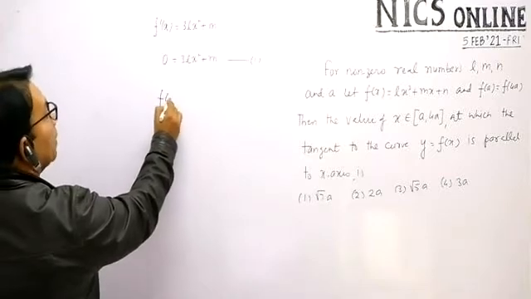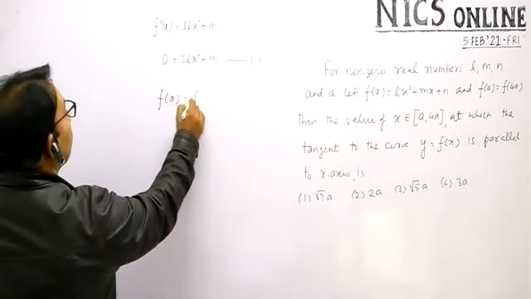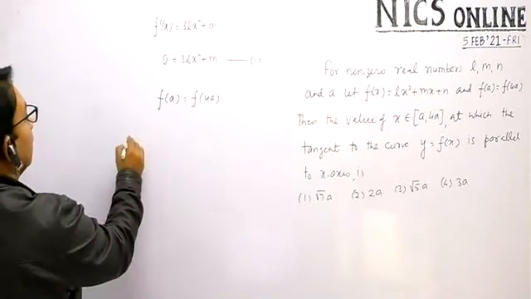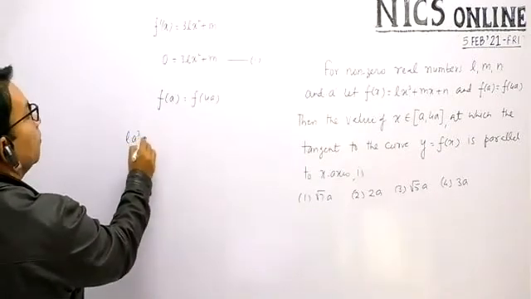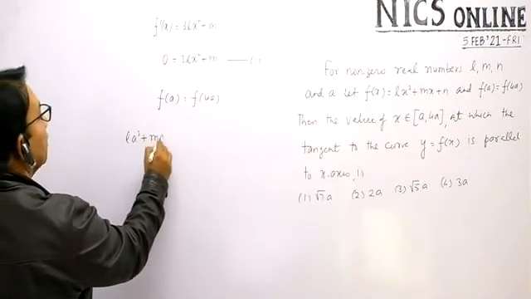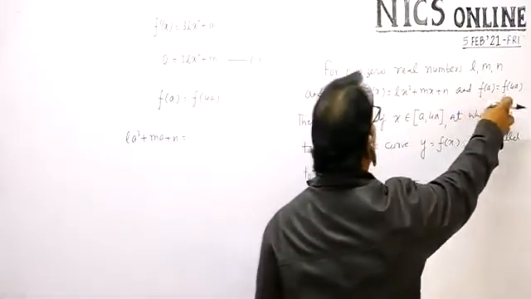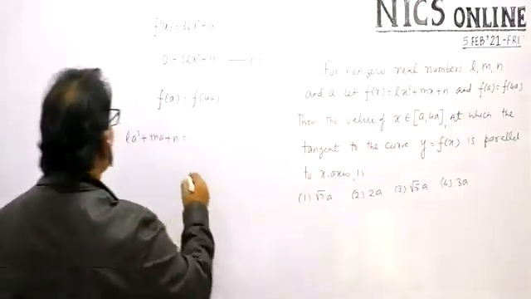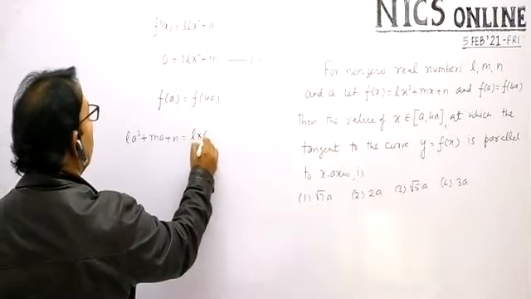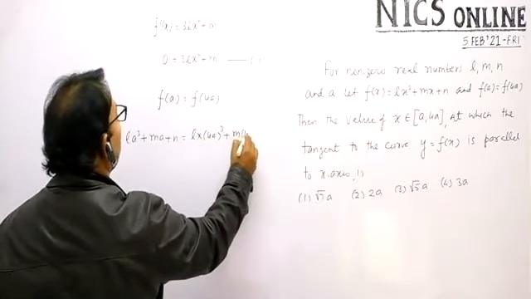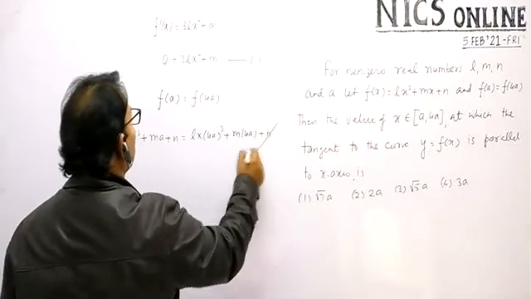We've been given that f of a equals f of 4a. We can utilize this: l of a cube plus ma plus n. What I'm doing is substituting a and 4a in the function. This is l into 4a whole cube plus m into 4a plus n.